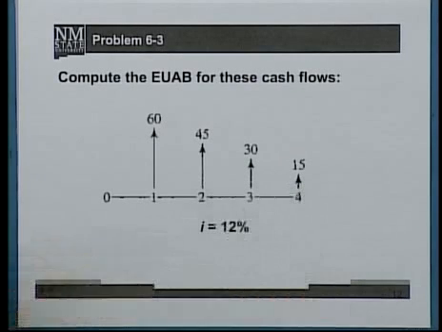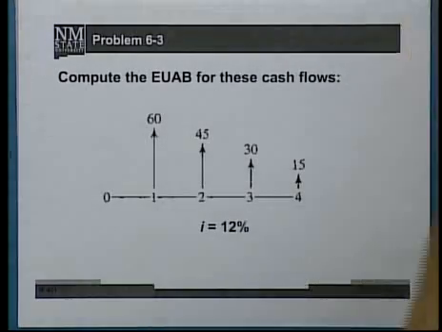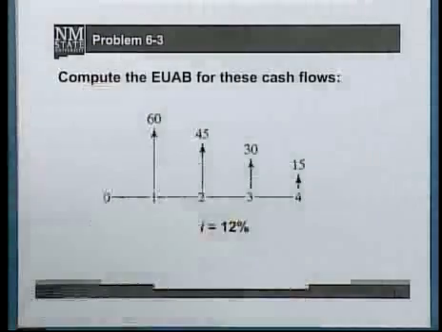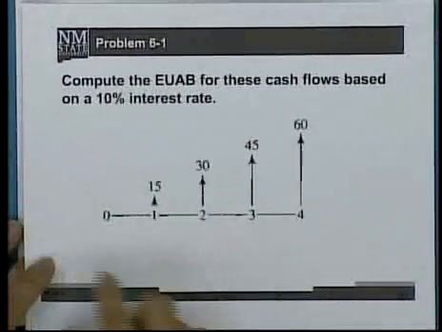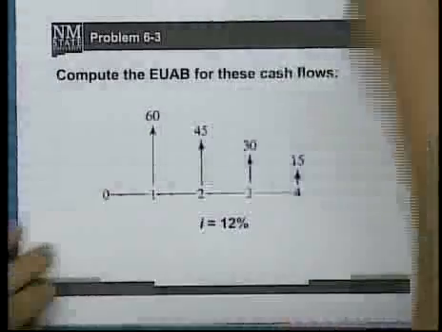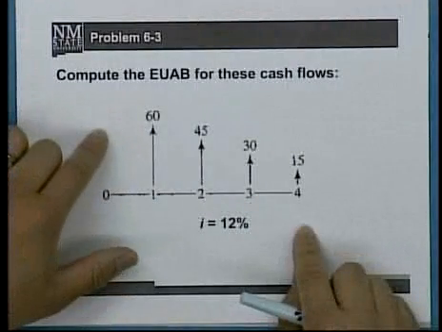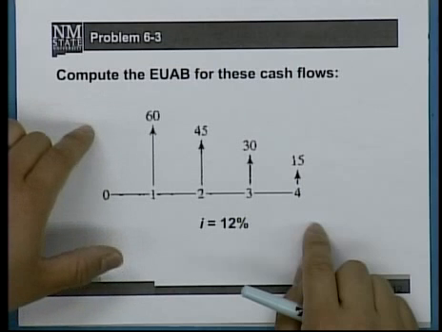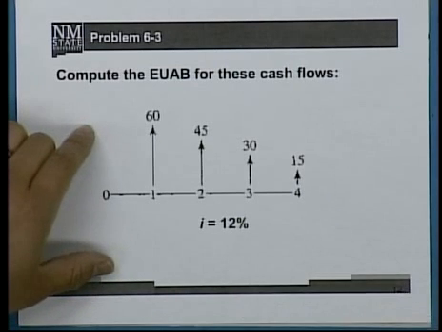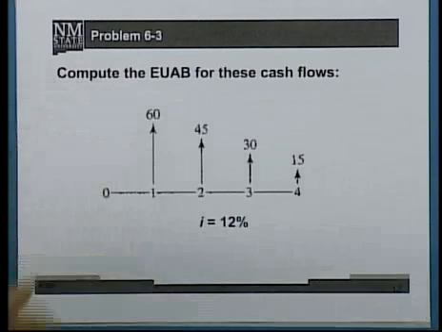So obviously this problem has a decline gradient. Just like problem 6-1, this given cash flow can be broken into two components. One for the uniform annual series, another for an arithmetic gradient series, right?